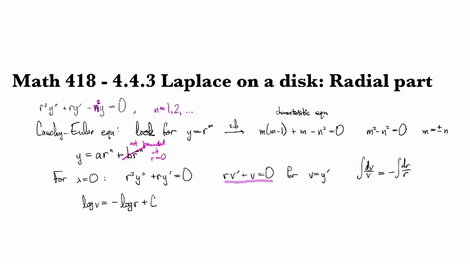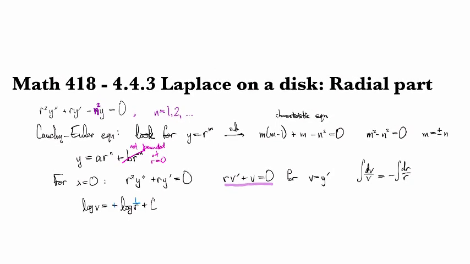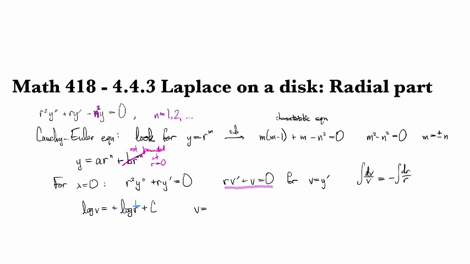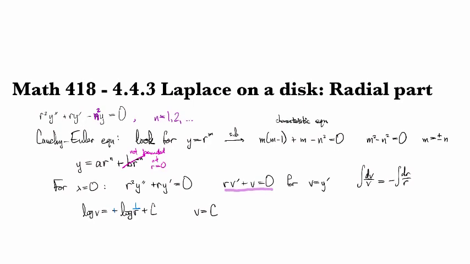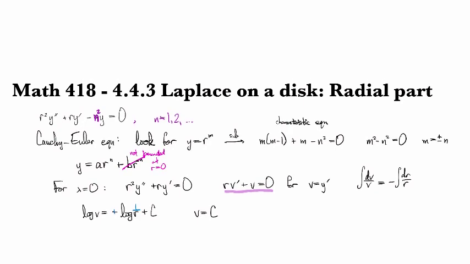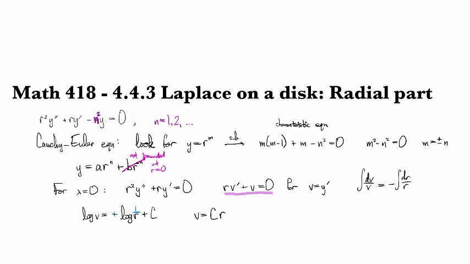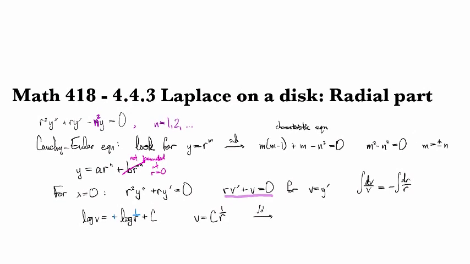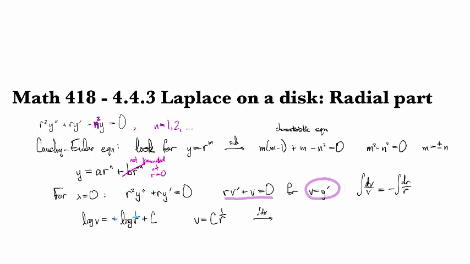Then I'll do the usual thing and put the exponent inside the logarithm, and then exponentiate both sides and get v equals c e to the log r, which just becomes r, 1 over r. And then integrate v to get back my function y.